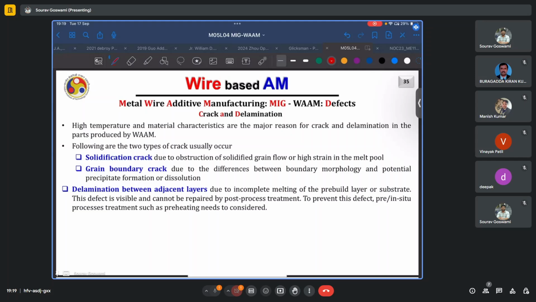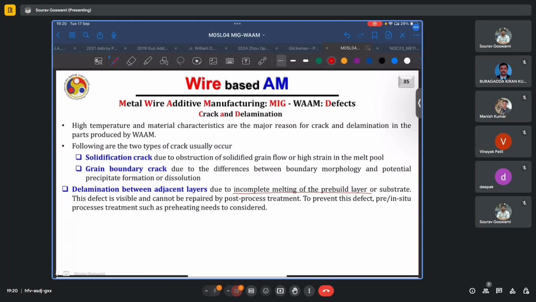Now, delamination between adjacent layers can occur due to incomplete melting of the pre-built layers or substrate. This defect is visible and cannot be repaired by post-process treatment. Often you would come across some videos where the deposited bead simply bounces off explosively from the substrate because of the delamination effects.